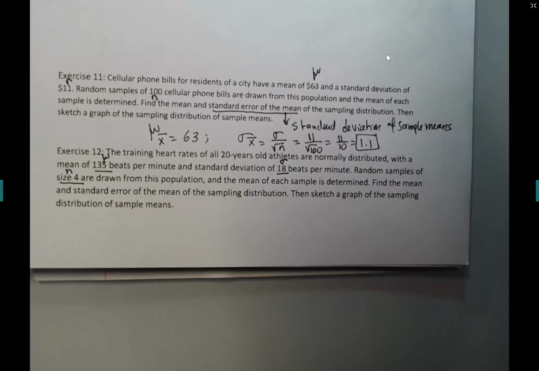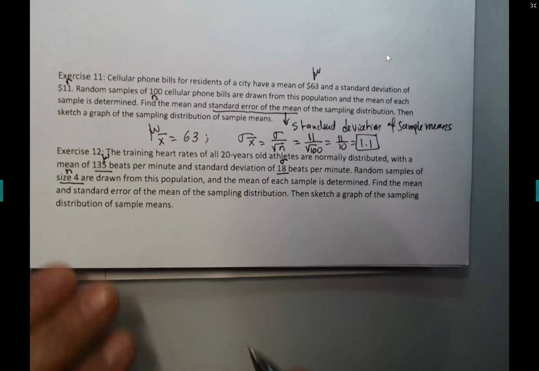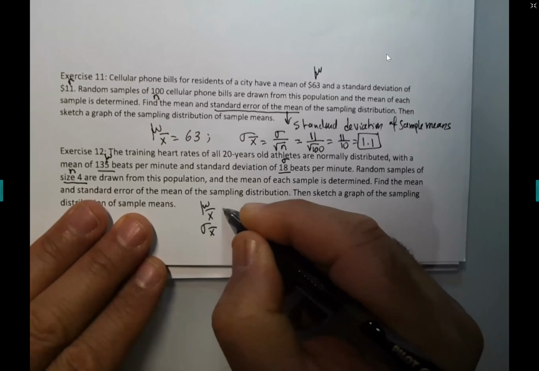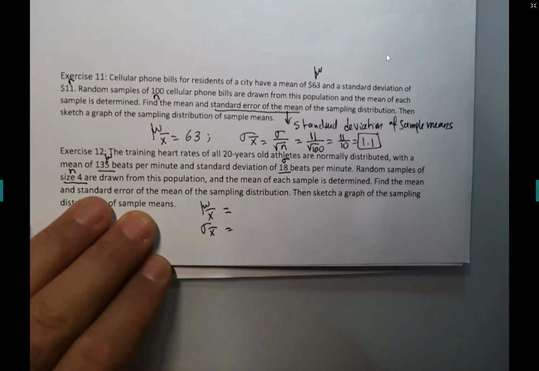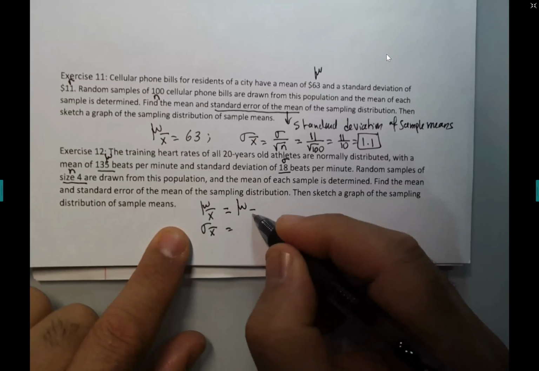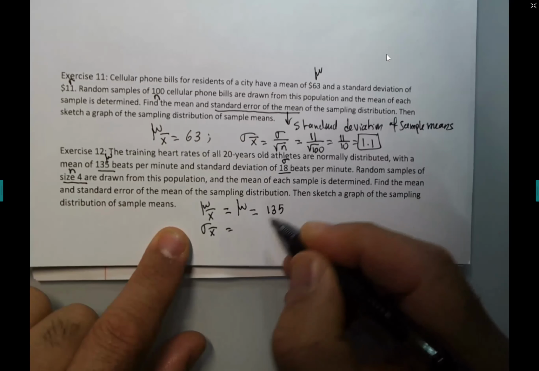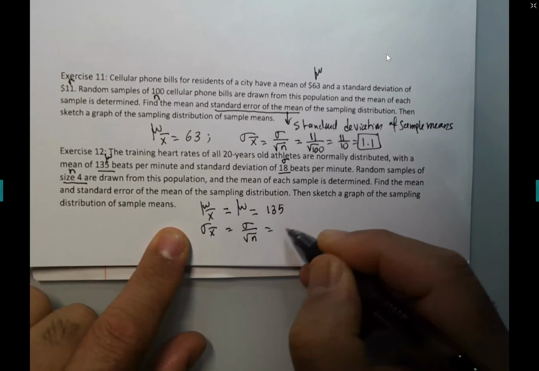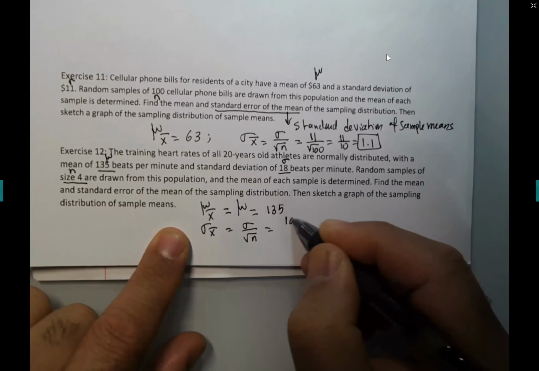What's the mean and the standard error of the mean of the sampling distribution? So he wants the mean of X bar and sigma of X bar. Well, just like we did before, the mean of X bar is the same as the original mean, which is 135. The standard deviation will be sigma over square root of n, which is 18 divided by square root of 4.